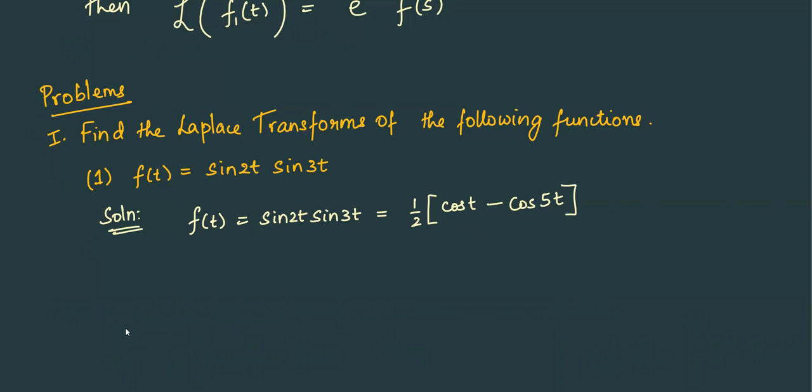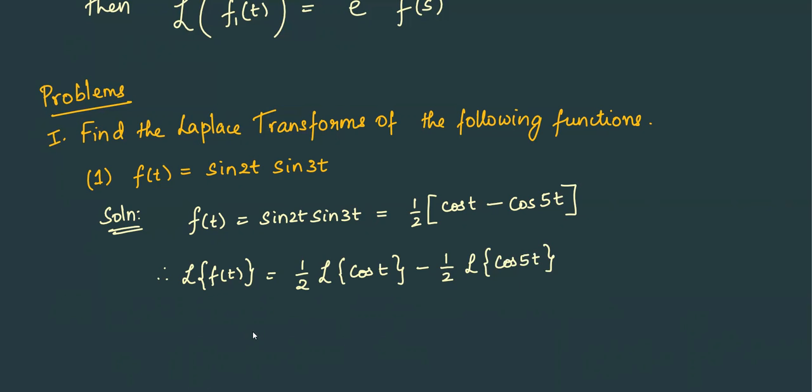Just a basic trigonometric formula. Therefore, the Laplace transform of f of t, using the linear property, is half of the Laplace transform of cos t minus half of the Laplace transform of cos 5t.